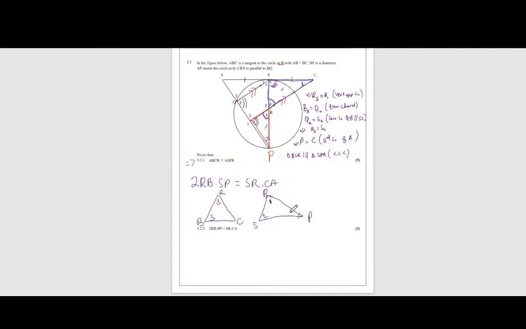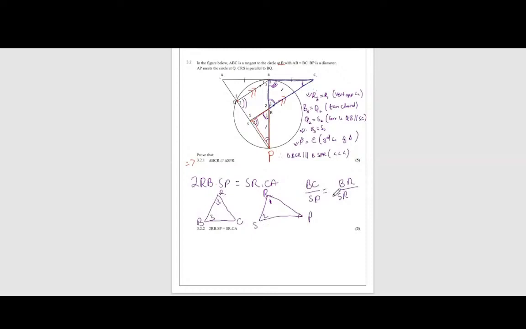Okay, then I can do the comparison of the sides. So I'm saying if I get my BC and then I divide it by my SP using corresponding sides, it will be the same as someone that gets BR and then divides it with SR. Okay, so this length and this length, this one with that one.